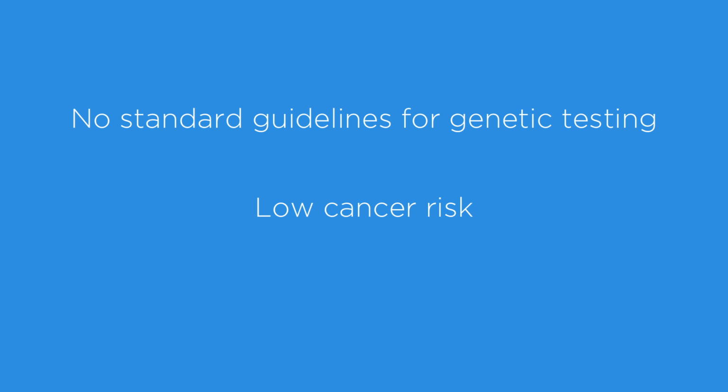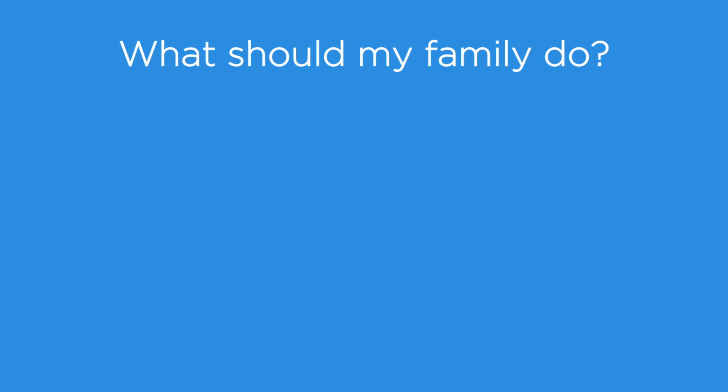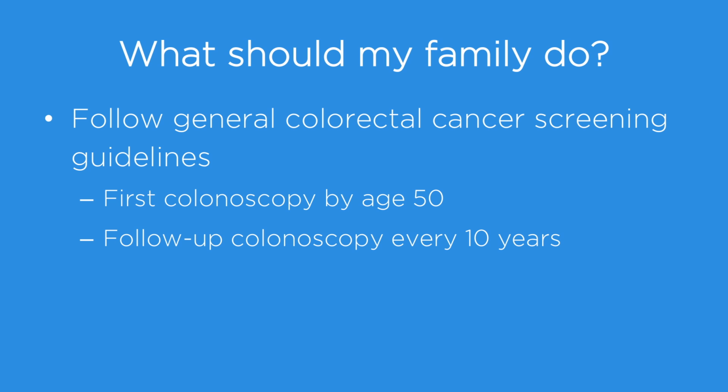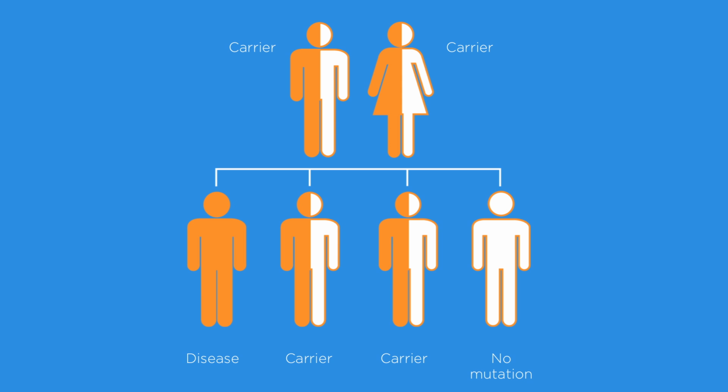We will discuss this more shortly. There are no standard guidelines for genetic testing for your family members because the cancer risk associated with a single MUTYH mutation is not high. Whether or not your family members decide to have genetic testing, they should follow the general population colorectal cancer screening guidelines or their doctor's instructions.